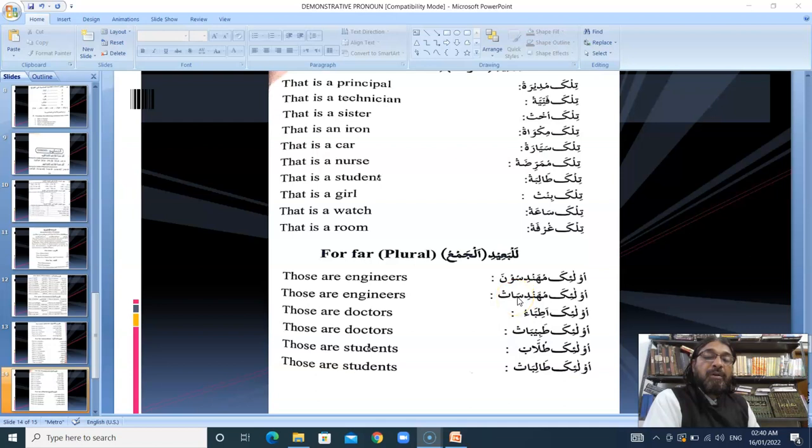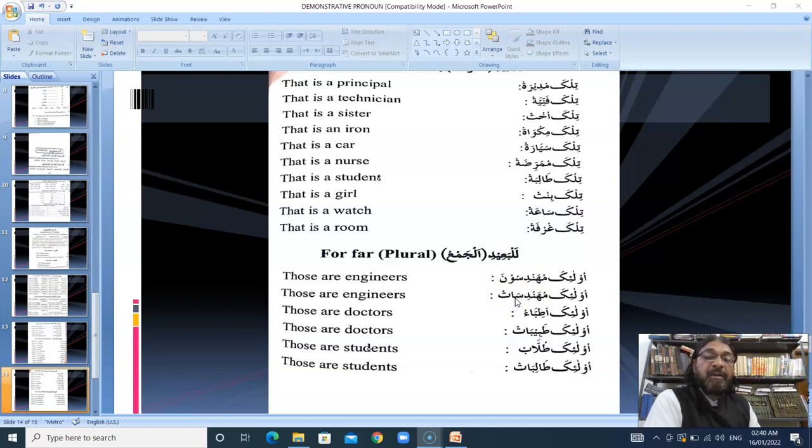So at the time of changing the singular into plural form for feminine genders, firstly you have to delete the indication of feminine genders. So it was muhandisatun, ta has been deleted firstly.